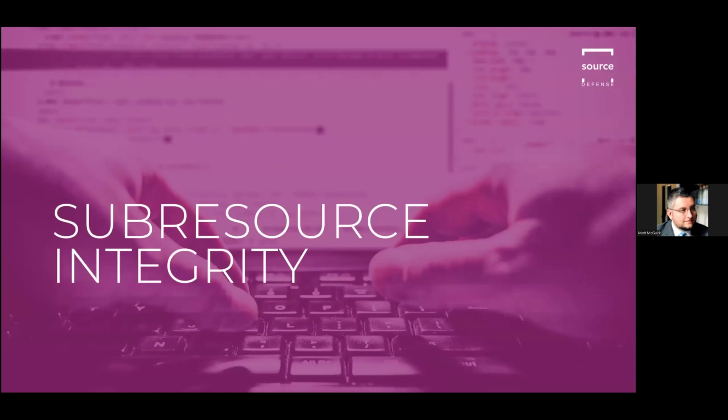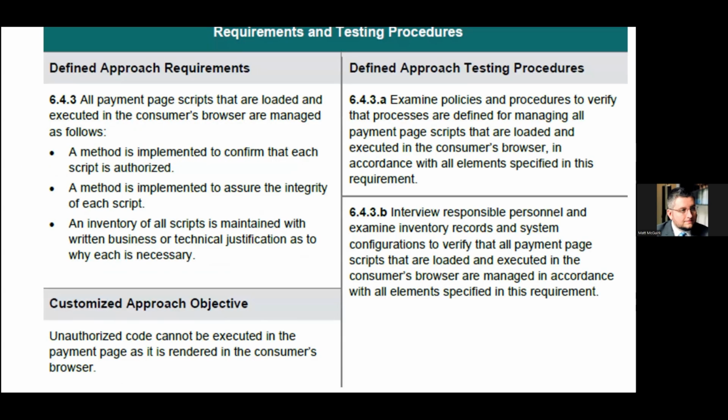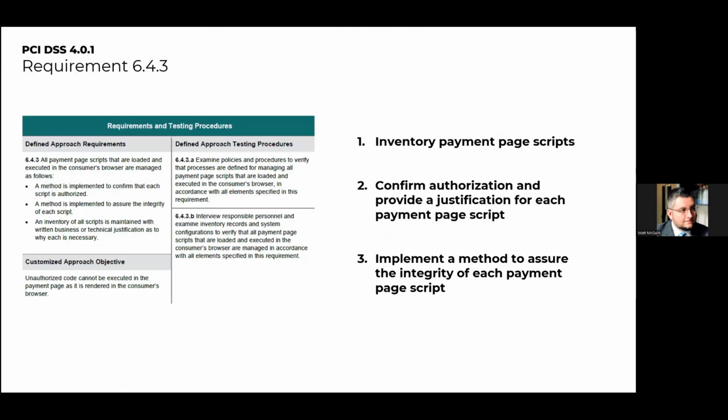At least according to some of the folks I've spoken to who've written the spec or at least contributed to it, the idea with the integrity in 6.4.3, let me just go back there so that I don't do the same thing DSS did, is the NIST, the National Institute of Standards and Technology, definition of integrity, meaning that the script and its location is non-repudiable.